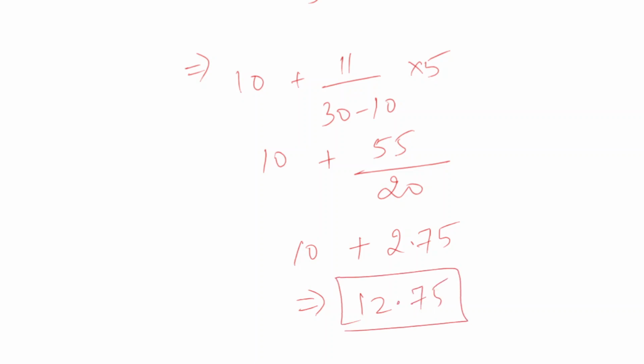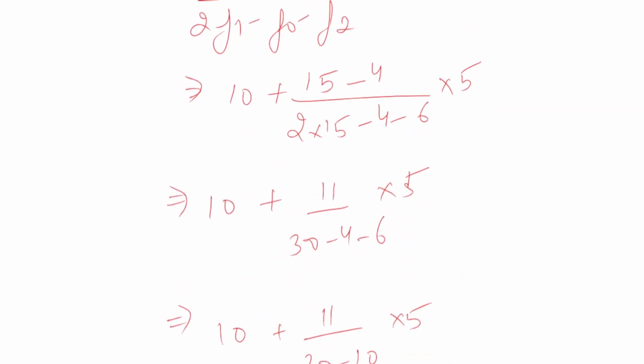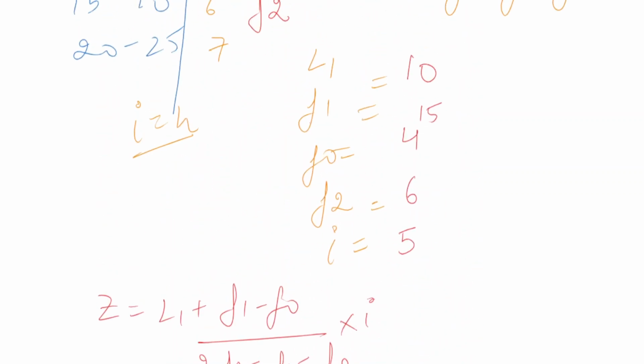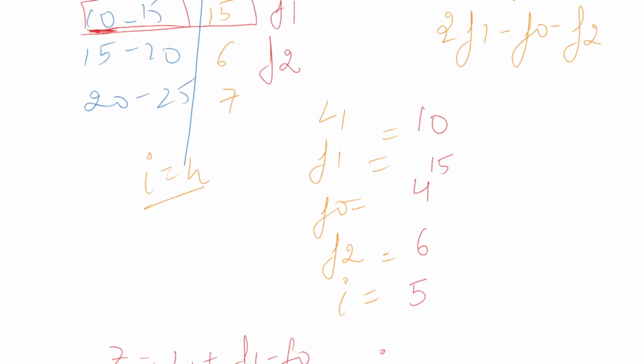This is your mode, and you can see that your mode is not going beyond 15 or below 10, which is correct. Your answer should stay within the interval of whichever lower limit you have chosen, and this is one way to check whether your answers are right or not.